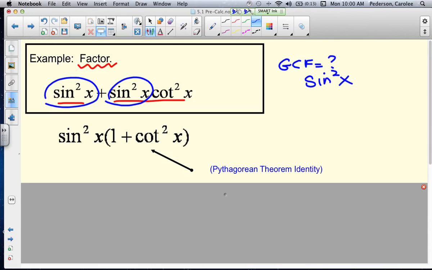One plus cotangent squared of x equals what? One plus cotangent squared of x equals, what is it? Cosecant squared of x. So can I replace this parentheses with cosecant squared of x? Yes.